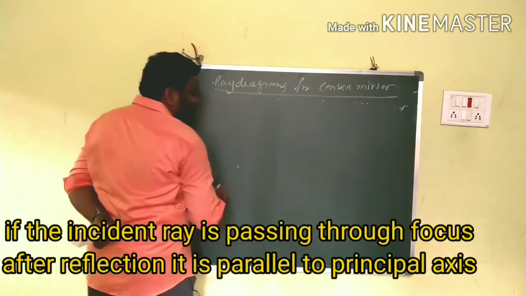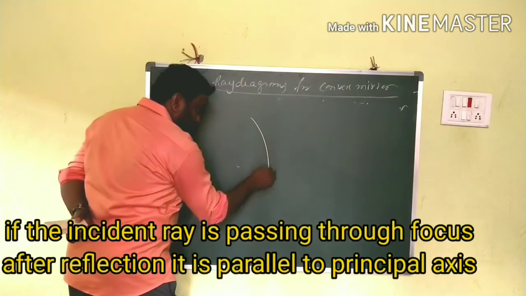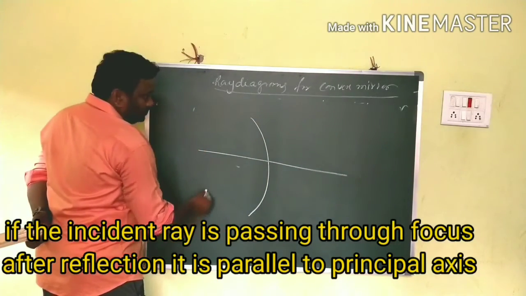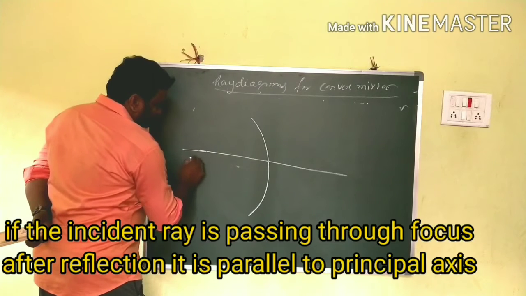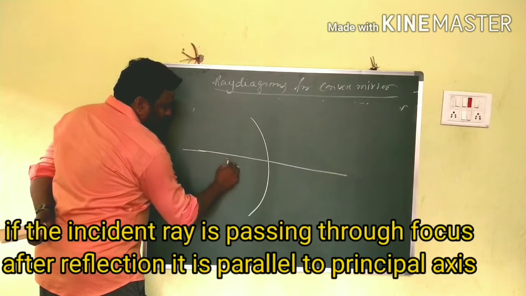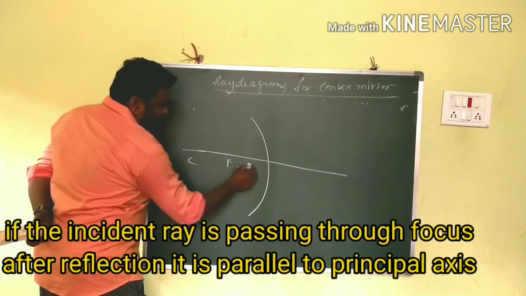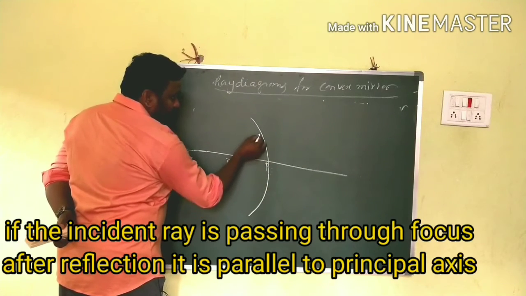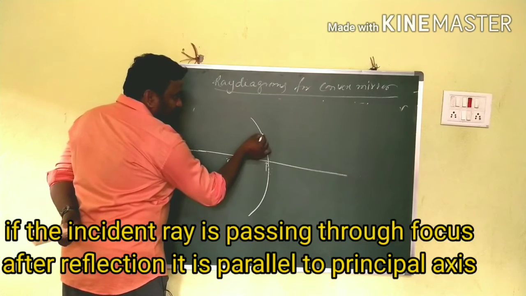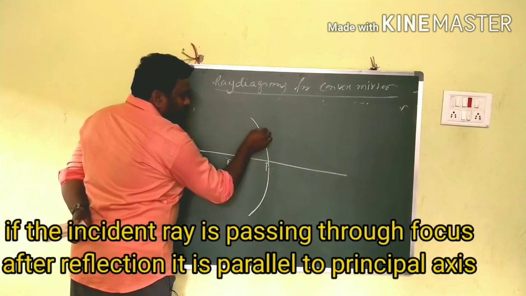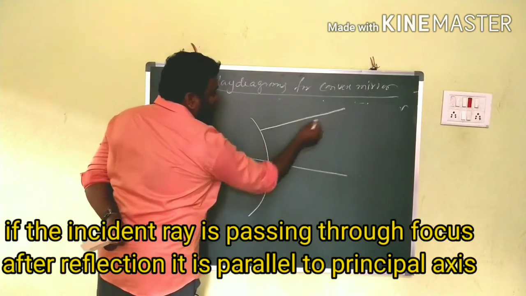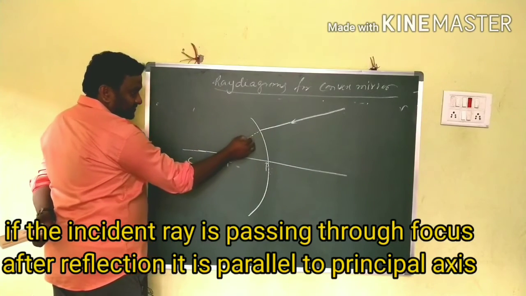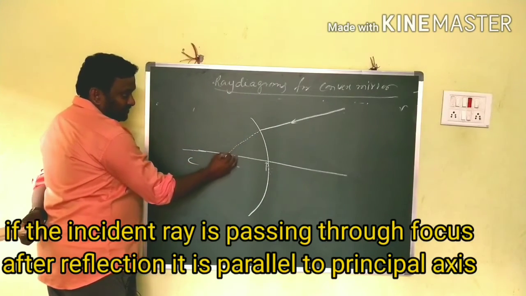For that, I am writing here F and C. This is the P. So now here the ray passes through the focus, like this. If we extend that, it reaches the focus.